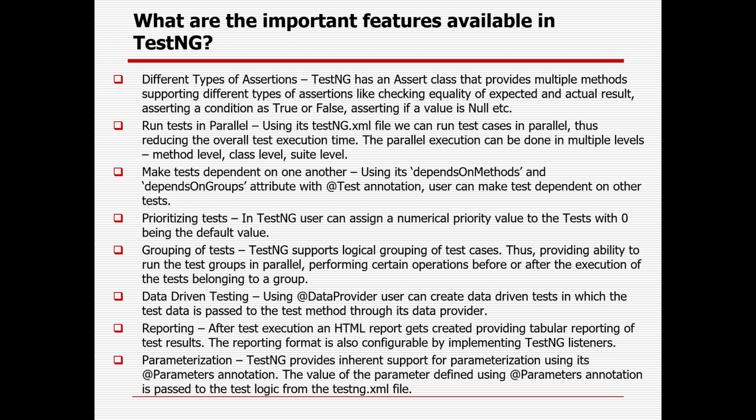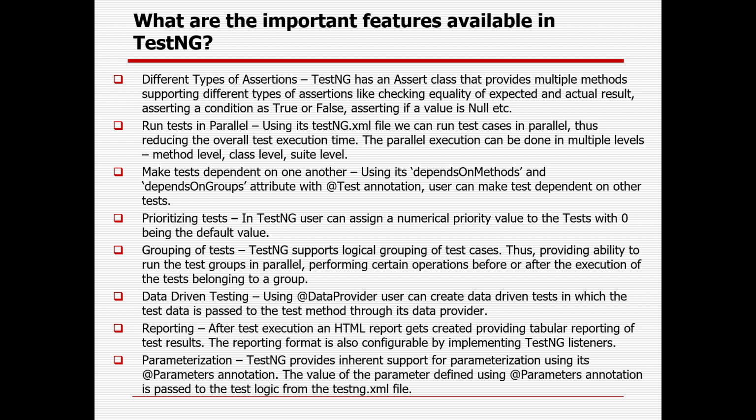Then grouping of the test cases. TestNG supports logical grouping of test cases, thus providing the ability to run the test group in parallel, performing certain operations before or after the execution of the tests belonging to a group. So you have a total of 100 test cases, but not always will you be running all the 100 test cases.